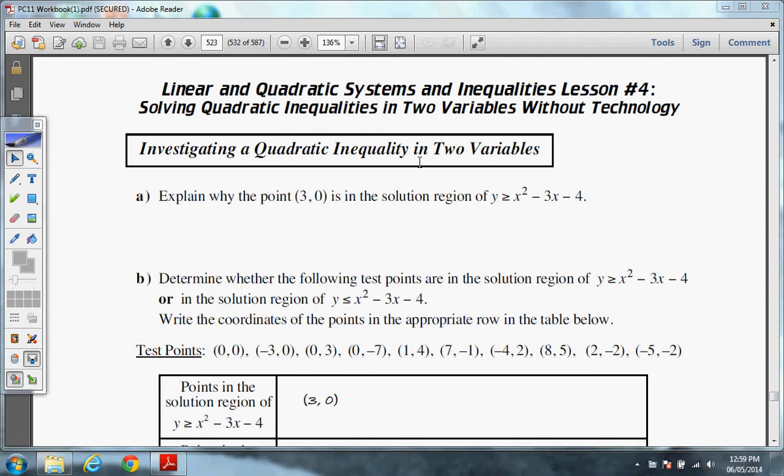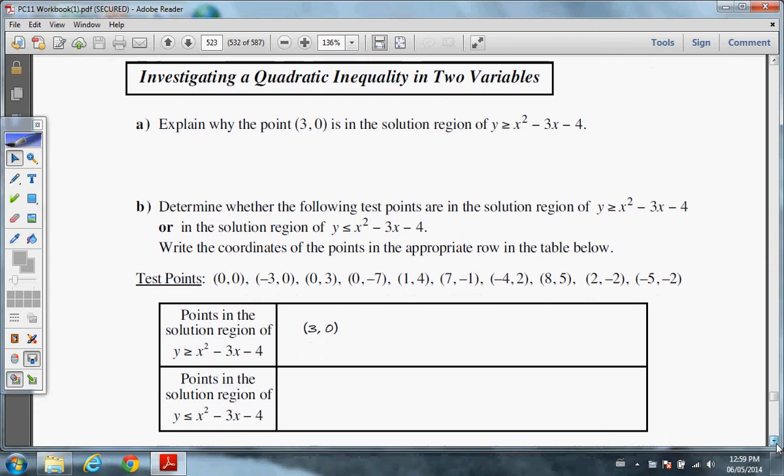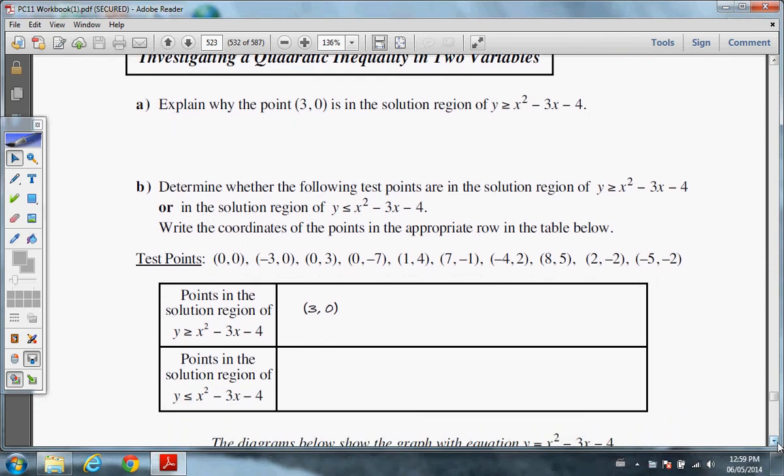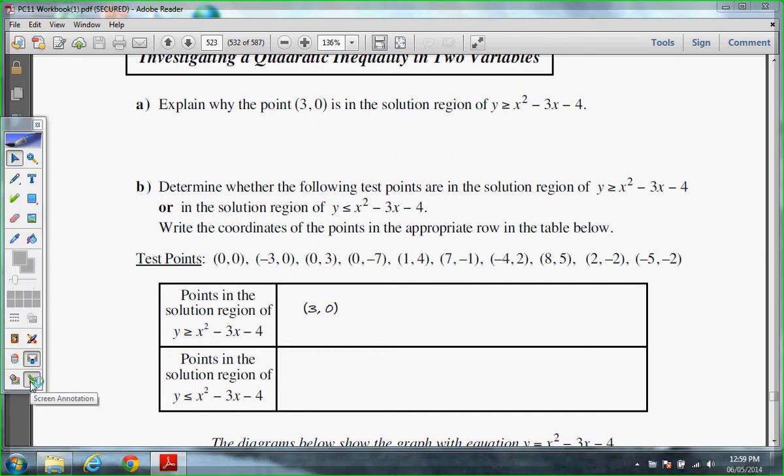So first off, let's talk about part A. Explain why the point (3, 0) is in the solution region of y ≥ x squared minus 3x minus 4. We're just going to prove that this is a solution to that inequality.